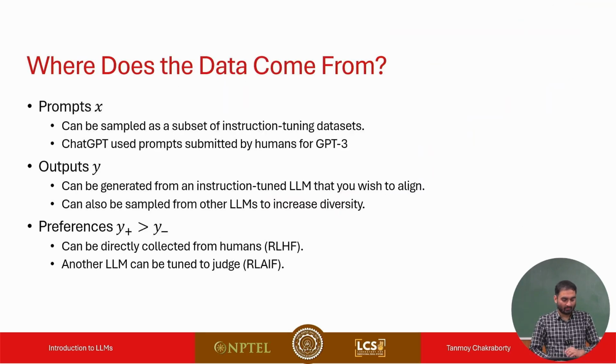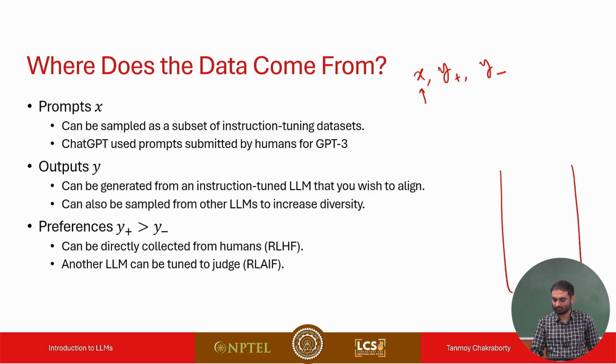So to train this reward model, what do we need? We need x, y plus, y minus. What is x? X is the set of prompts, right? And how do you get these prompts? One option is that you already have the dataset for instruction fine-tuning.